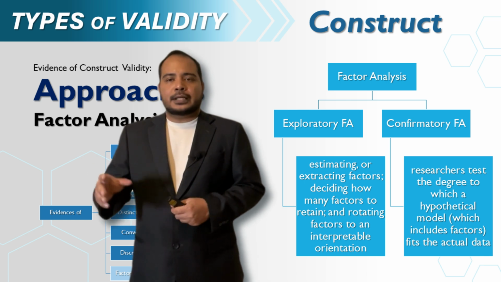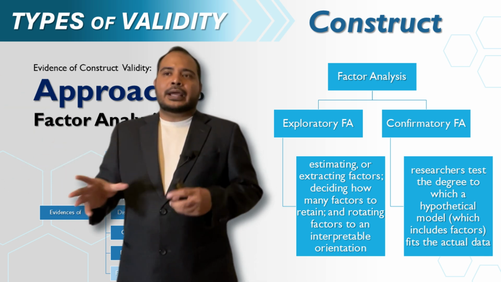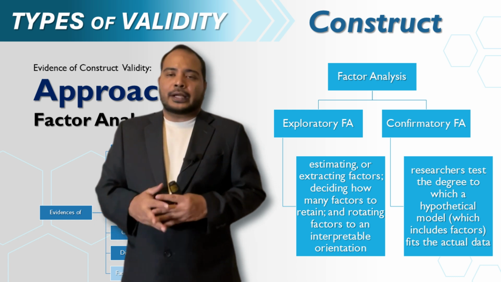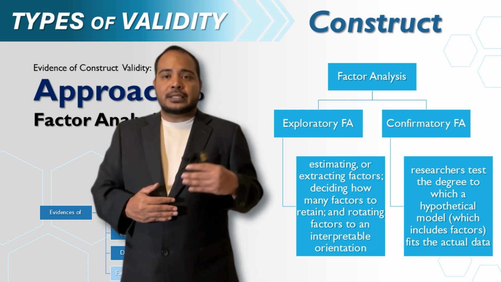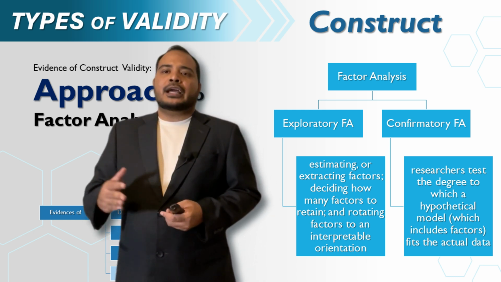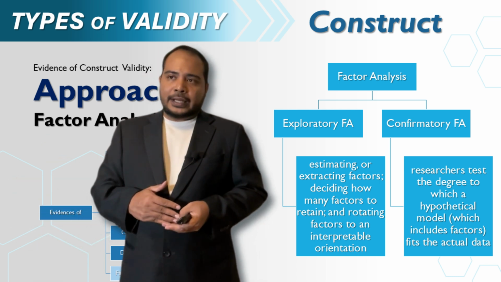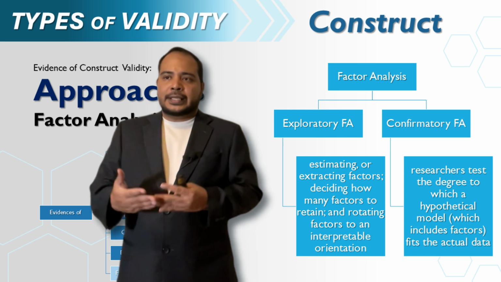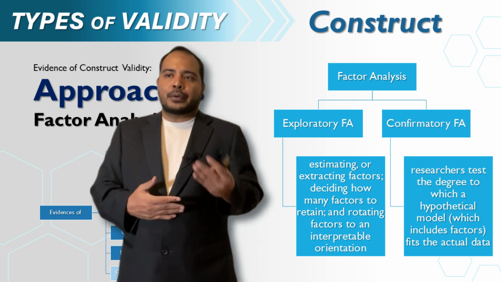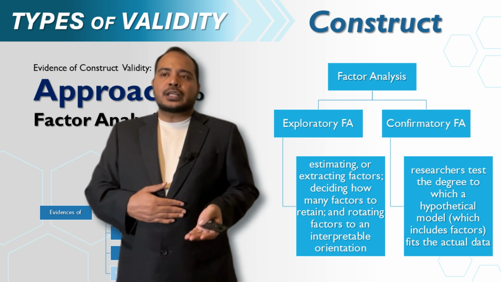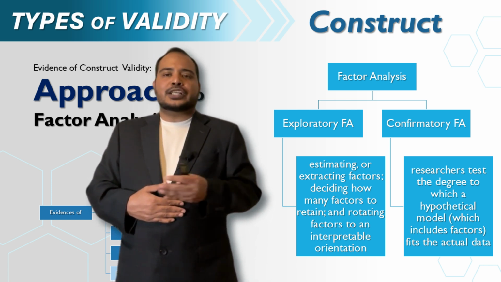Test developers usually employ EFA early on during the test development process. Later, during the validation study, they employ confirmatory factor analysis, where researchers test the degree to which a hypothetical model, which includes factors, fits the actual data.